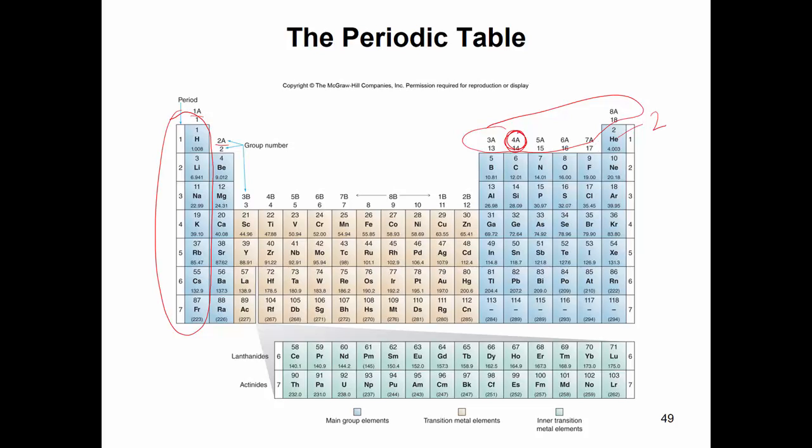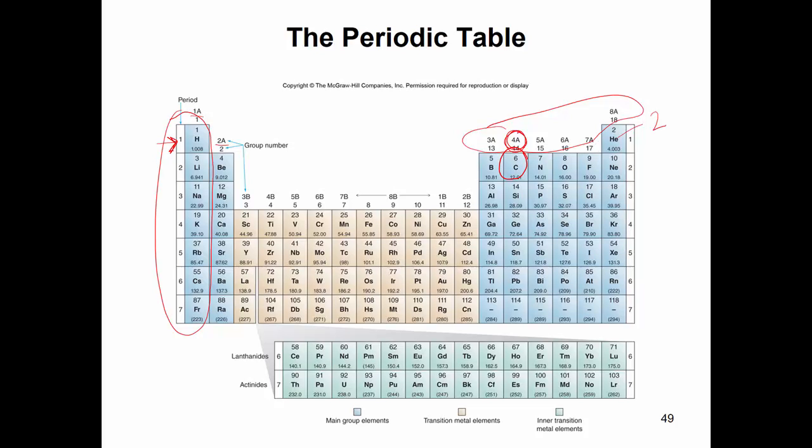I chose this one because students often accidentally forget about the first period. That's this one right here that just has hydrogen and helium in it. Your second period, so here's my second period. It had 4 valence electrons, so it's in group 4. So the answer would be carbon.